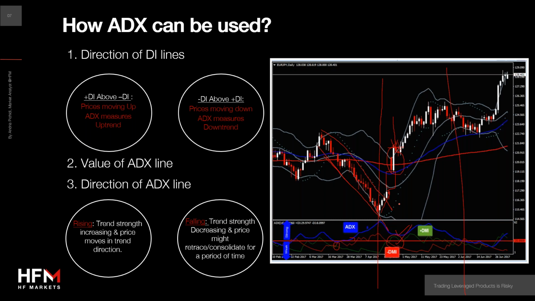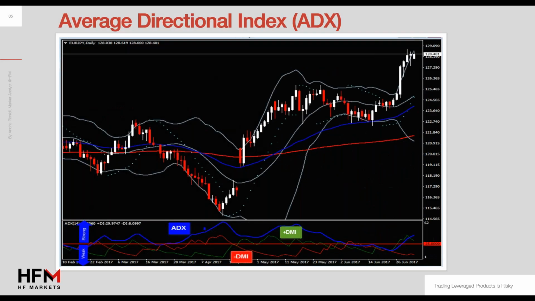When the red DMI is above the plus DMI, and our price is moving lower, or it keeps posting bearish candles, then it means that we have a strong downtrend. Let's move on.